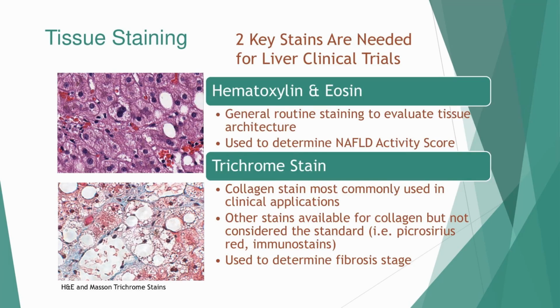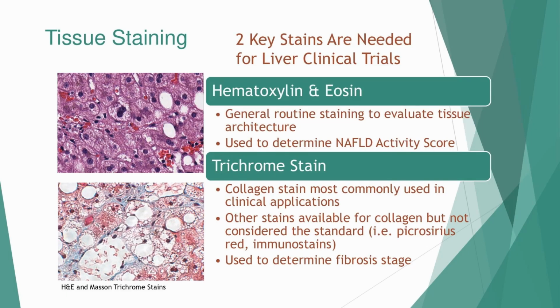The hematoxylin and eosin is used to help determine how much inflammation is there, are there balloon cells, and from that we determine a NAFLD activity score. And then the trichrome stain, as you all know, highlights collagen and allows us to determine the fibrosis stage of the case. Is it advanced fibrosis, or is it a minimal amount of fibrosis, or is it normal?